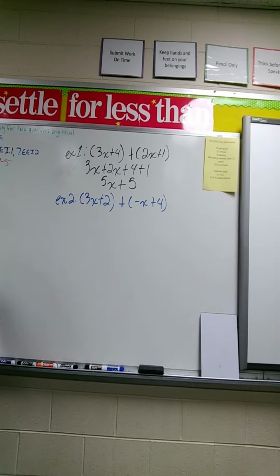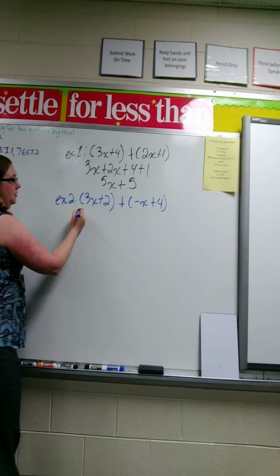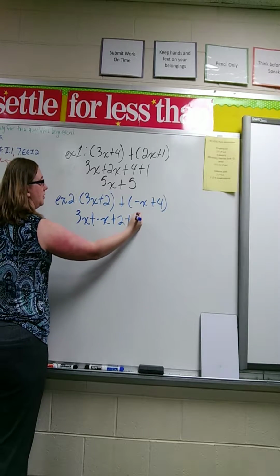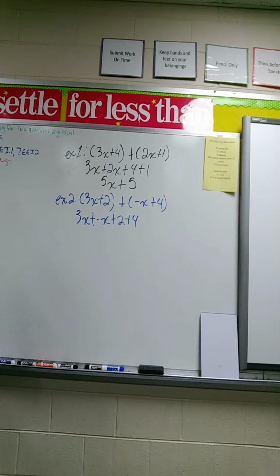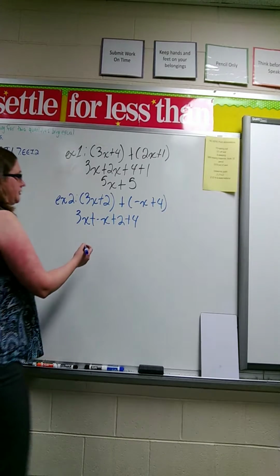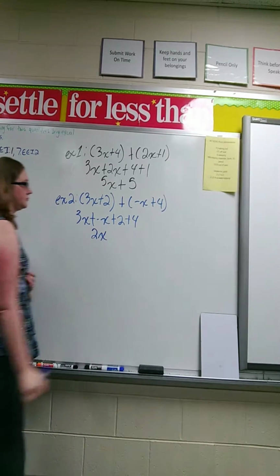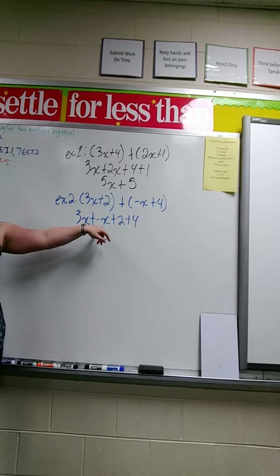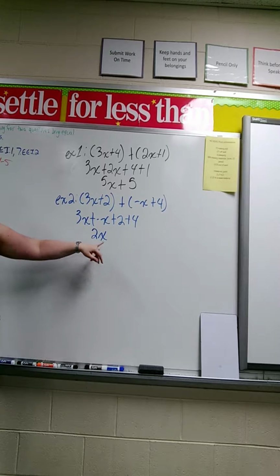Okay, how would I rewrite it? 3x plus negative x plus 2 plus 4. Okay. What is 3x plus negative x? 2x, yes. Why is it not just 3? Because it was a negative. The 3x plus negative x, that means that I have negative 1x. So 3 plus negative 1 is 2, and I have to keep my x.